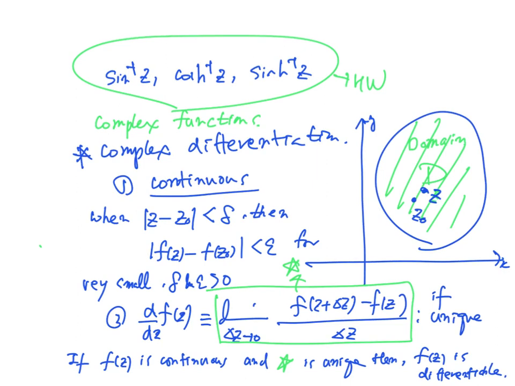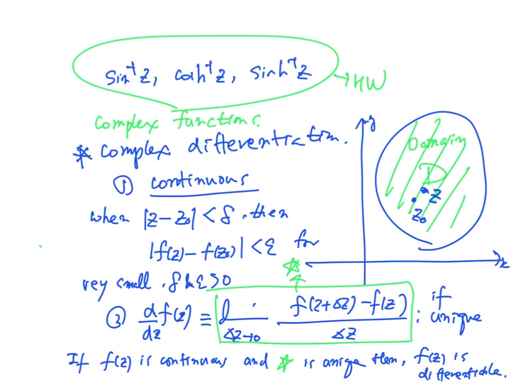In real variables, we only need the requirement of being continuous, right? But actually we also require uniqueness, because you want the left limit and right limit to be the same, right? So that is uniqueness.